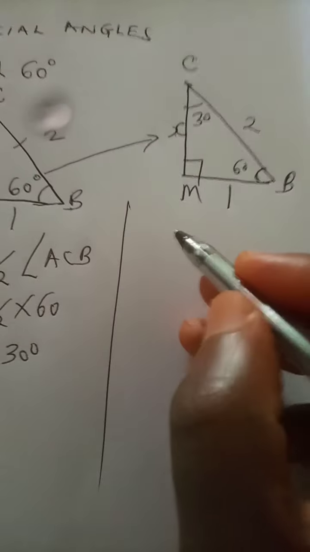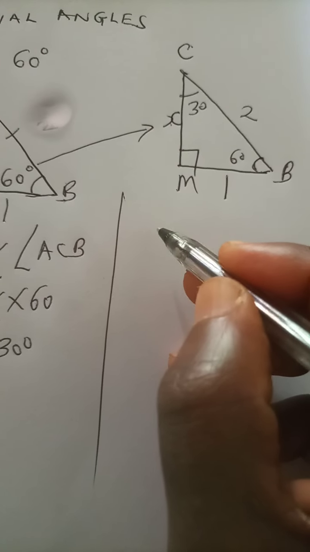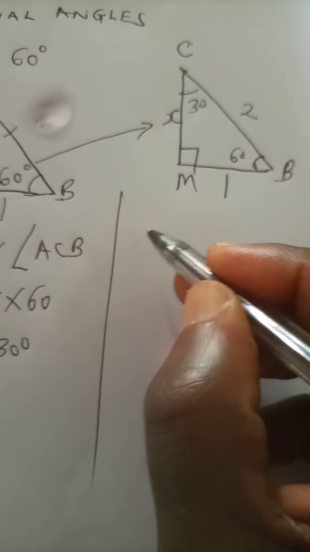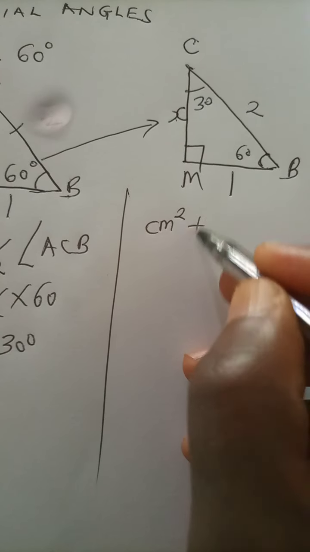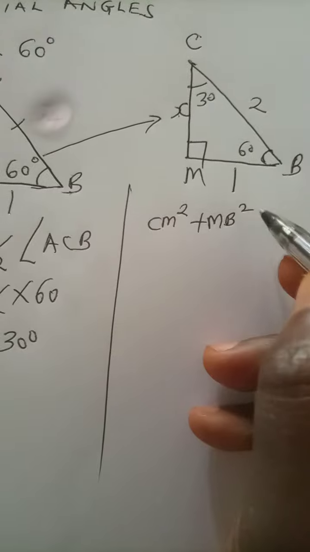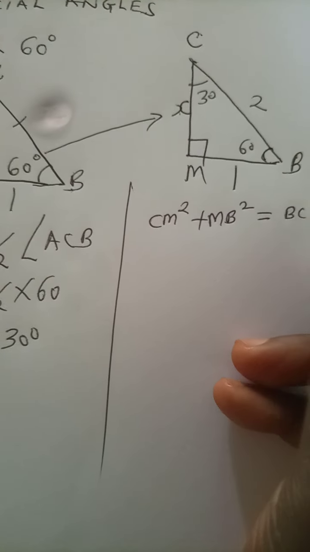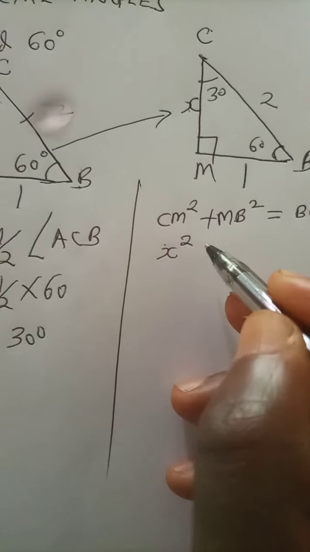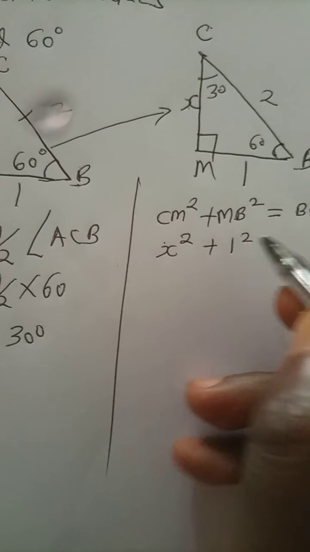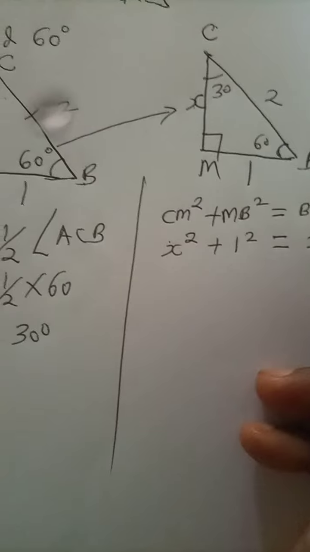By the use of Pythagoras theorem, we know that CM squared plus MB squared will equal BC squared. CM squared is X squared, plus 1 squared, will equal 2 squared.